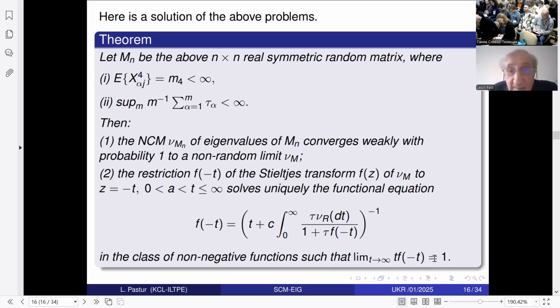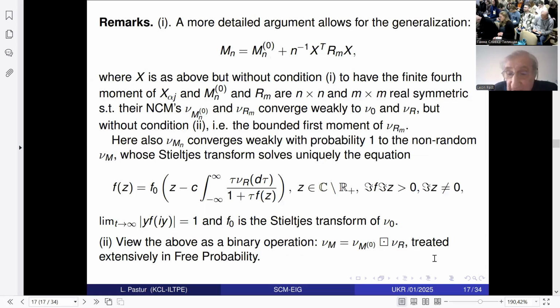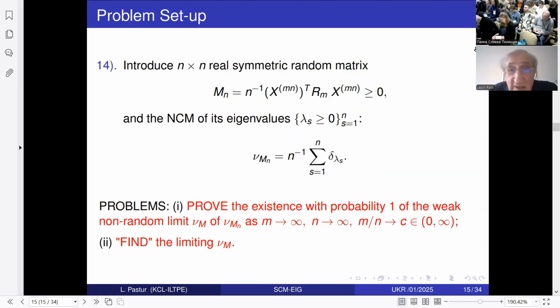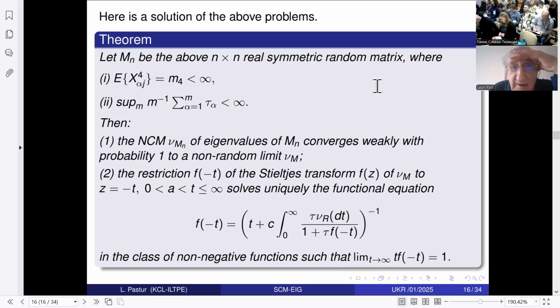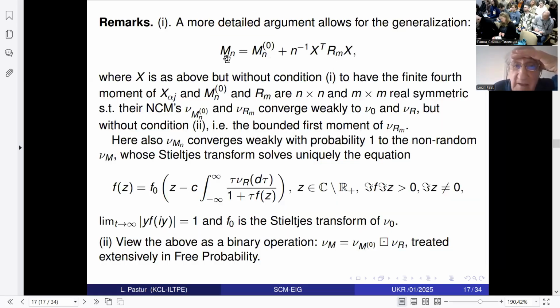Well, this is a theorem. Now, just a remark that in fact we can consider more general matrices. It can be a matrix of that form. You have the same random X, you have non-random R_M, and N and 0.